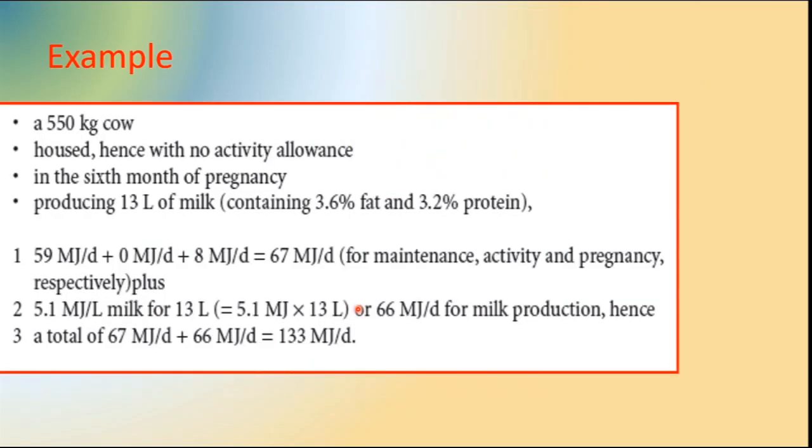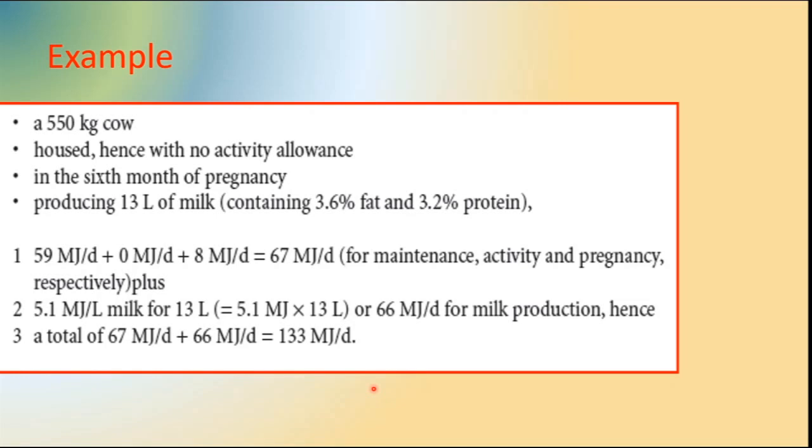So here is an example, and this is also a sort of assignment. You can do the calculation for these animals given in the examples I have taken from some book. For a 550 kg animal, housed with no activity, 6 months of pregnancy, producing 13 liter of milk with 3.6% fat and 3.2% protein.